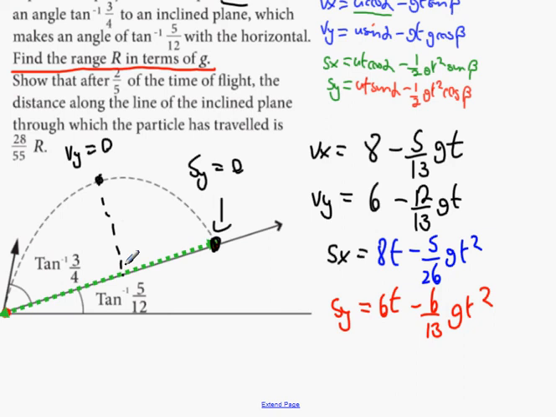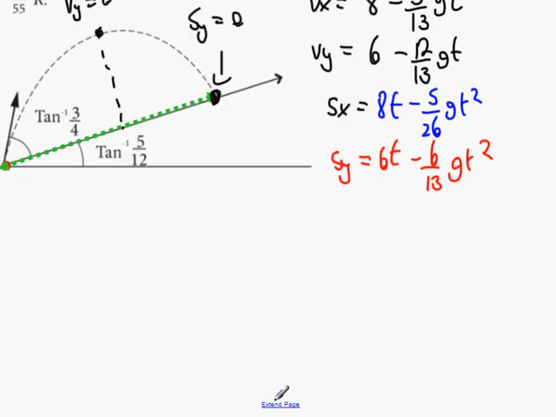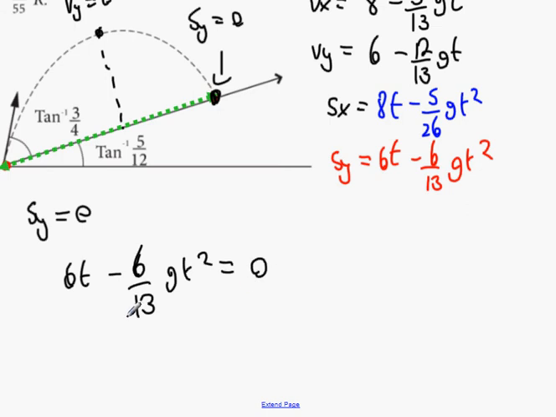Okay? So first of all, to answer this question, I'm going to get Sy equals 0, which is going to be 6t minus 6 over 13 gt squared equals 0. So factorize out 6t into 1 minus 1 over 13 gt.